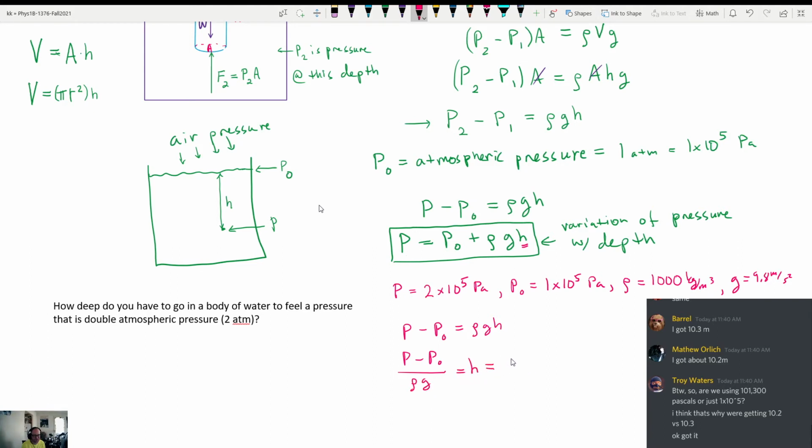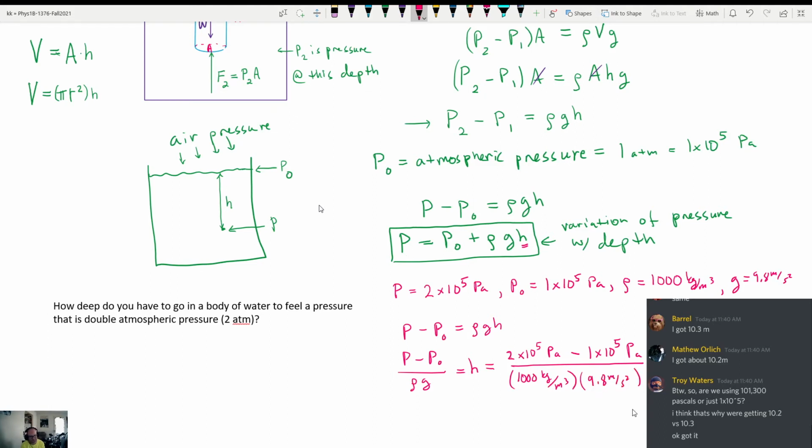And then we plug all our numbers in, right? Since you all have already done this, I guess I can write it all in here. So it's 2 times 10 to the 5 pascals minus 1 times 10 to the 5 pascals, and then we divide all of this by rho times g, so that's 1,000, the density of water, times g, 9.8.